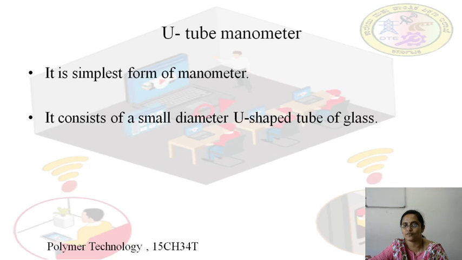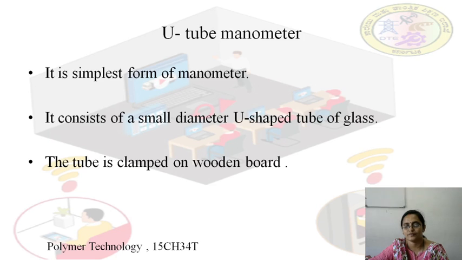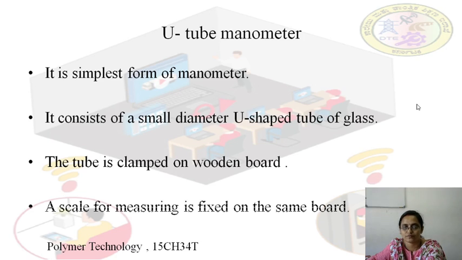As I explained earlier, it consists of a small diameter U-shaped glass tube. The tube is clamped on a wooden board. The scale is fixed on the same board for getting the reading of pressure head.